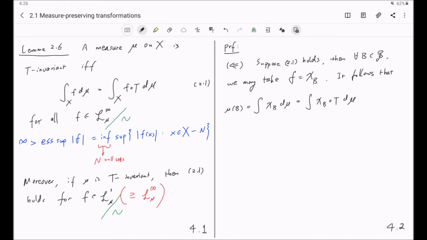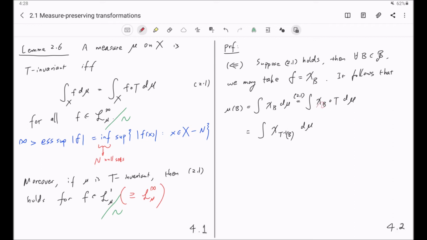And this is further equal to, remember by basic measure theory, the integral of chi sub t inverse b integrated against the measure mu.